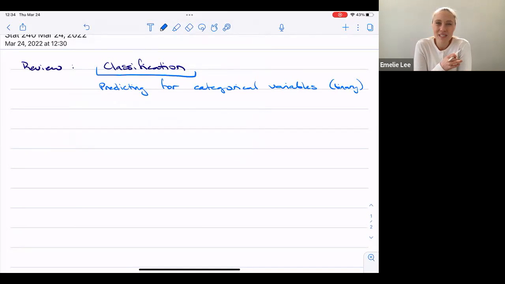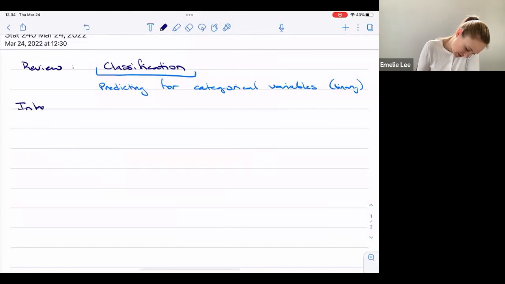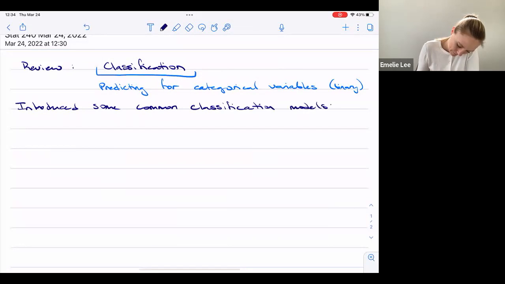And so what do? Well, all these models, right? We introduced some common classification models. Things like, well, we talked briefly about the exact Bayes, but maybe we'll just focus on the naive Bayes.